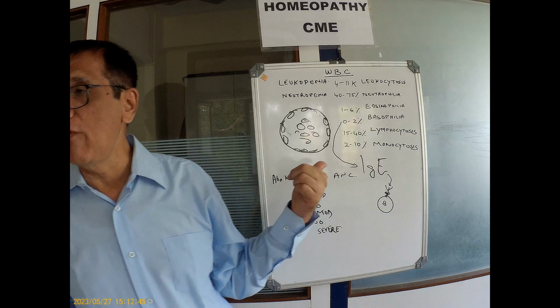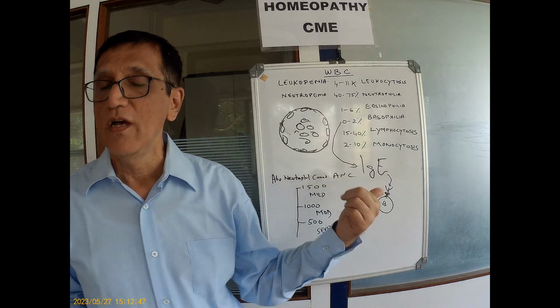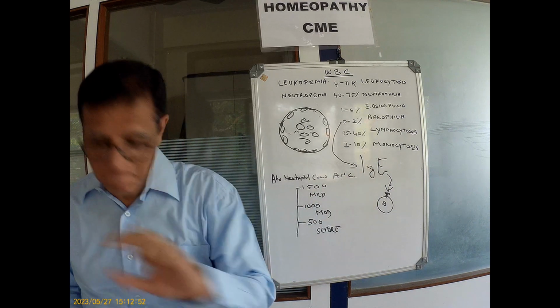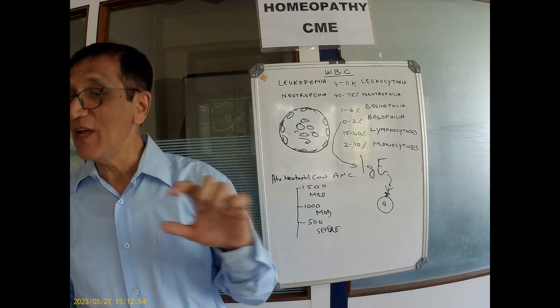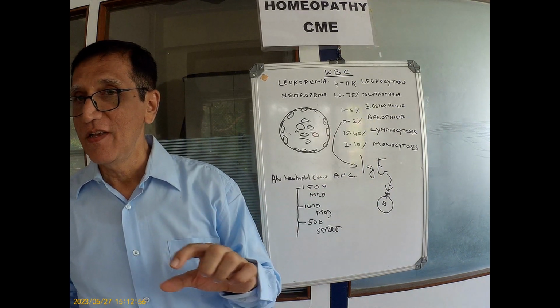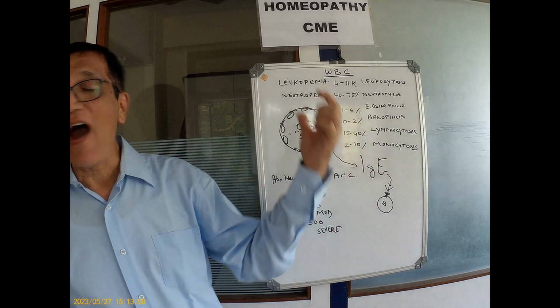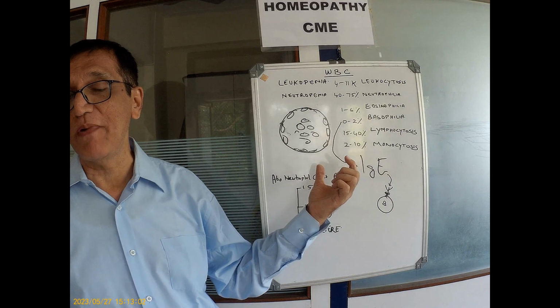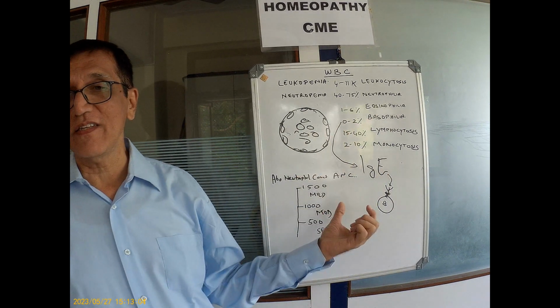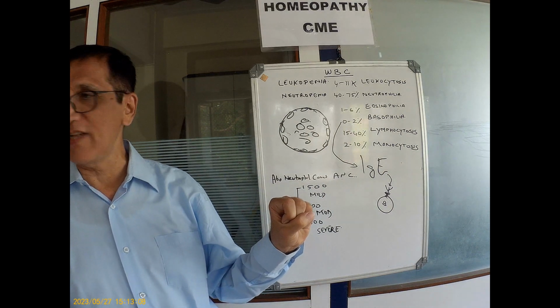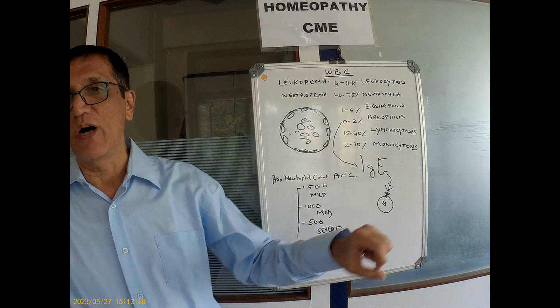The graveyard of RBC is spleen. And these macrophages are present in large quantities in the spleen. So that's a graveyard. That is where they'll engulf the old senescent RBC and break it down.